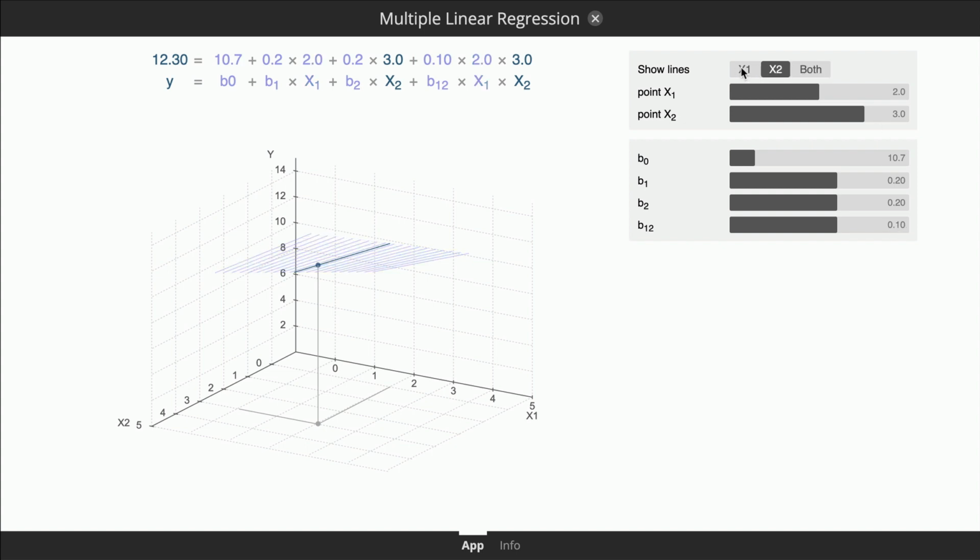Now let's say x1 is fixed, and it's 2. What happens if I change x2 from 3 to 4? Well, on one hand, we know that this is the contribution from x2, right? So if I change it from 3 to 4, it's by 1, so it means that y should be larger by 0.2. But this is not fully correct, because now we also have the interaction, and interaction depends on x1, right?